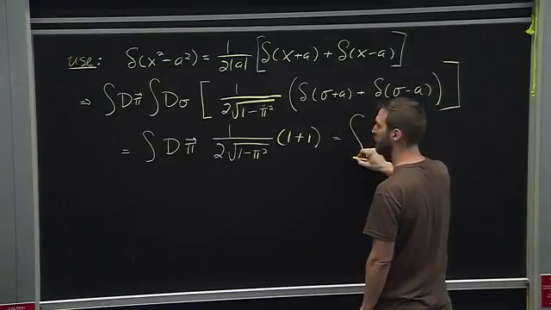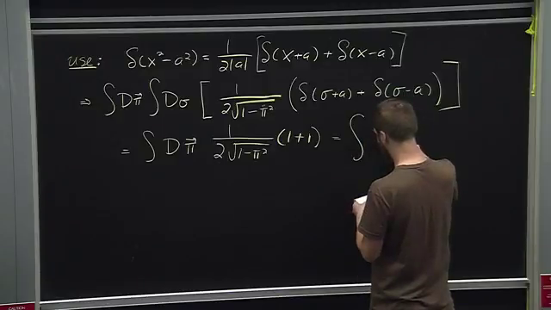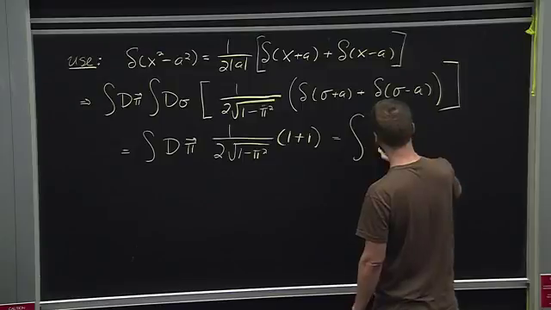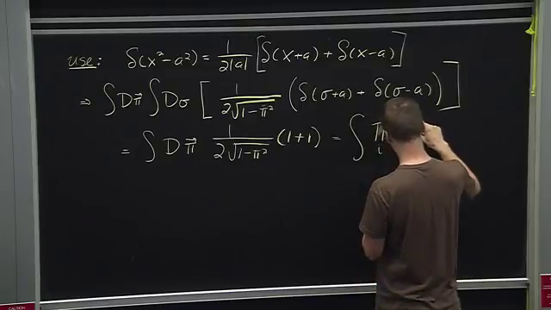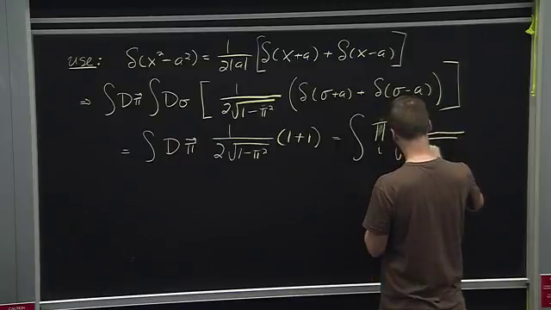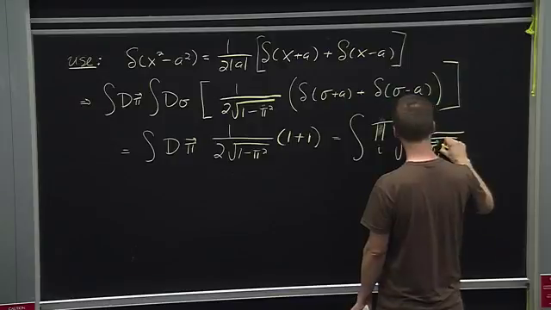So then it's d pi, so it's a functional integral, a product over all i of the square root of one minus pi i squared.